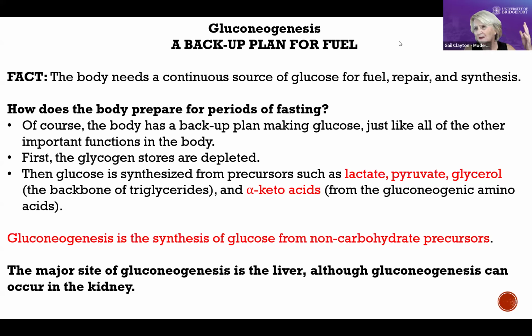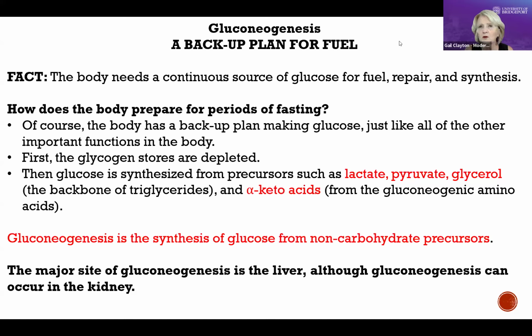So, the other carbohydrate pathways, we're breaking down glucose and we make glycogen and all this. But this is one way that the body prepares for fasting. Before it's going to be making glucose, it's going to deplete the glycogen stores first.